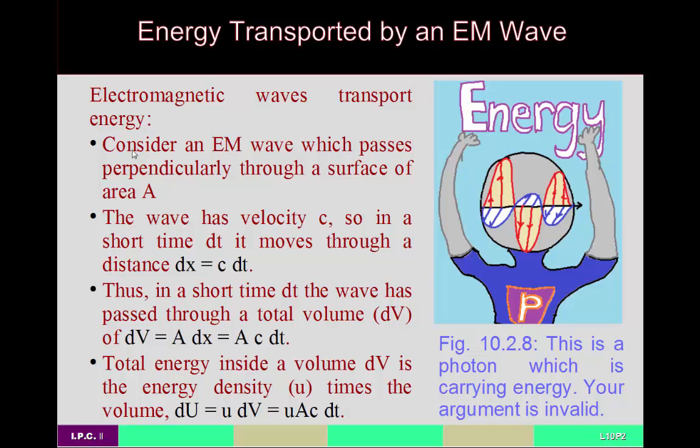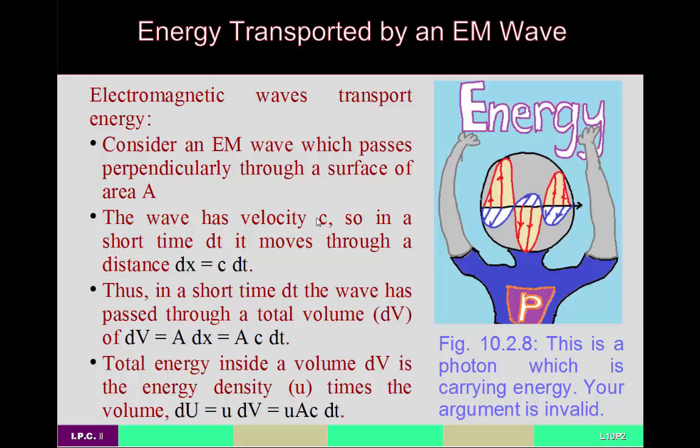Well, the way that we do that is we consider a surface of area A, and that surface of area A is the surface through which the electromagnetic wave is going to pass. And we'll consider the electromagnetic wave to sort of fill that surface A. So this wave is traveling at a speed of c.